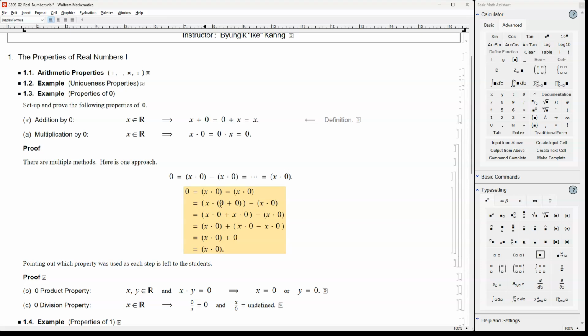And then here 0 plus 0, and then use distributivity. And then associativity. And that's 0. So we end up with x times 0. It's a bit shorter version, but the idea is the same.